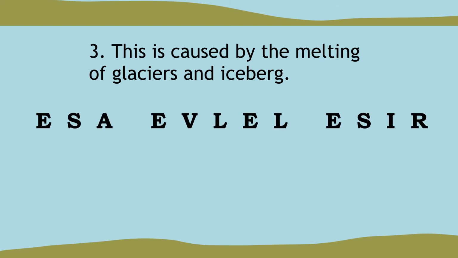The jumbled letters are E, S, A, space, E, V, L, E, L, space, E, S, I, and R. What is the answer? Yes, the answer is sea level rise.